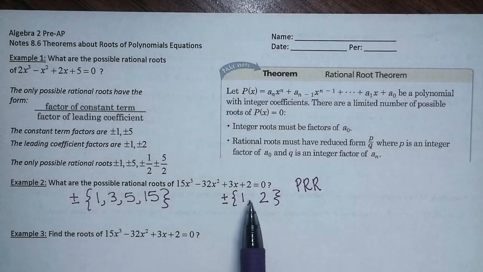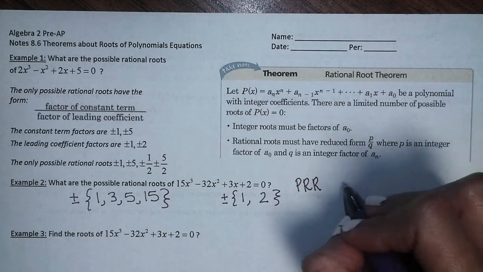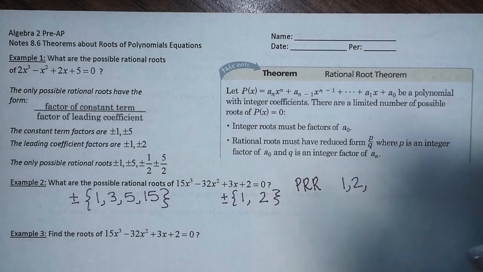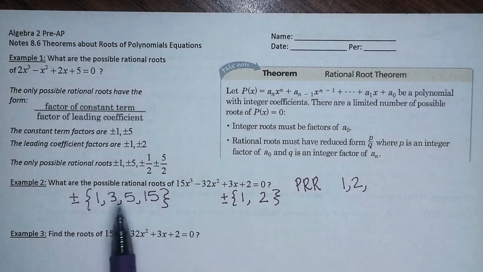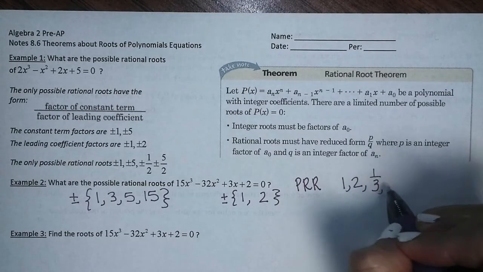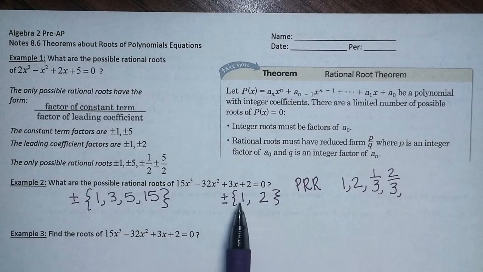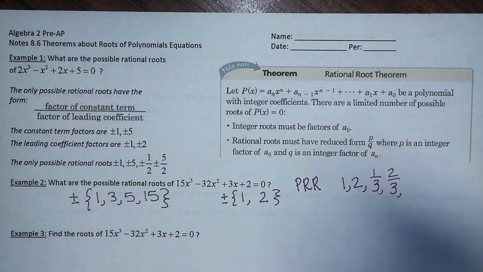So I'm going to take 1 and 2, and divide them by 1. That's just going to give me 1 and 2. Then I'm going to take 1 and 2, and divide them by 3. That's going to give me 1/3 and 2/3. Next, I'm going to take 1 and 2 and divide them by 5.